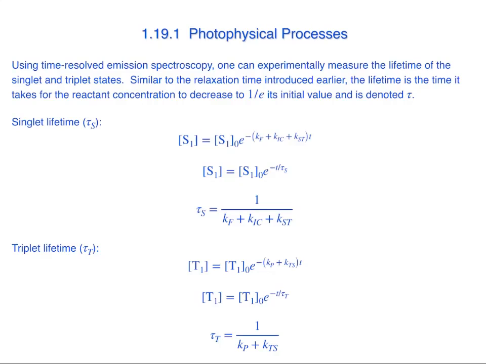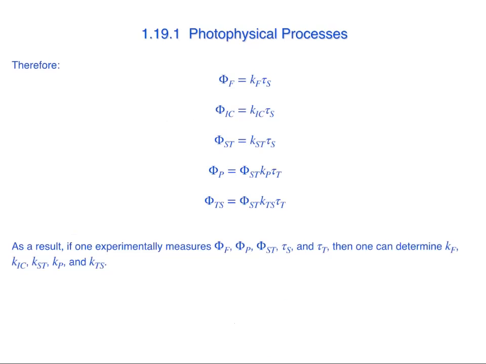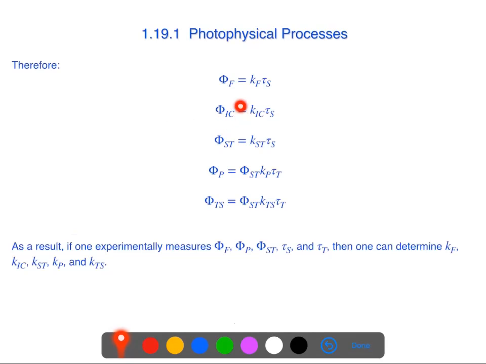Because we can experimentally determine the singlet and triplet lifetimes for excited state molecules, we can more easily measure the quantum yields associated with these photophysical processes. Therefore, the quantum yield of fluorescence can now be equated to the rate constant Kf multiplied by the singlet lifetime. Similarly, we can do the same calculation for the quantum yield of internal conversion, equal to the rate constant KIC times the singlet lifetime, as well as that of intersystem crossing.